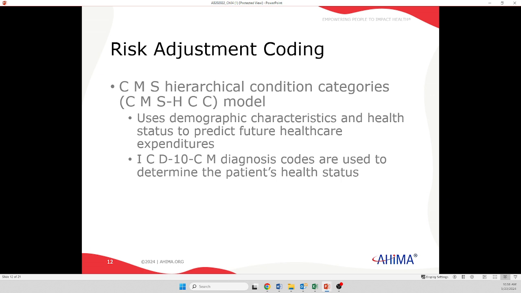Now, what is a risk model? A risk model is looking at how sick you are and how much your care is going to cost. We look at it this year to determine how sick you are going to be next year. The higher your risk score is, the more it's going to cost to take care of you. And when we're looking at that, we're comparing it to the average person. So we say, you've been this sick this year, based on the risk, you will be this sick next year, and it's going to cost this much to take care of you.